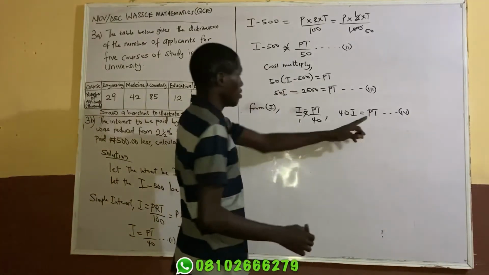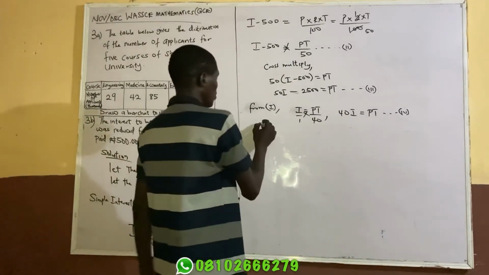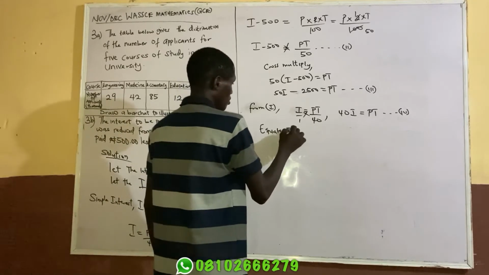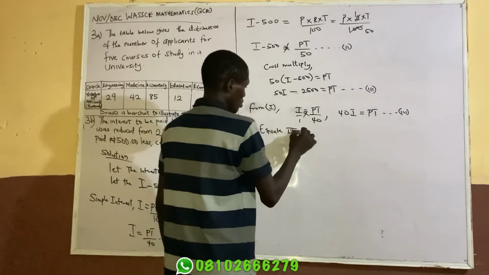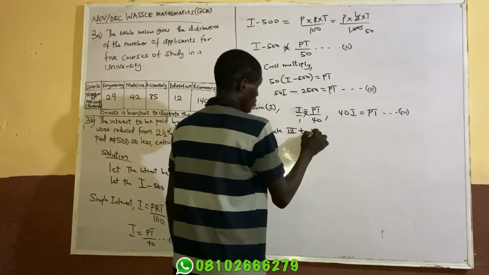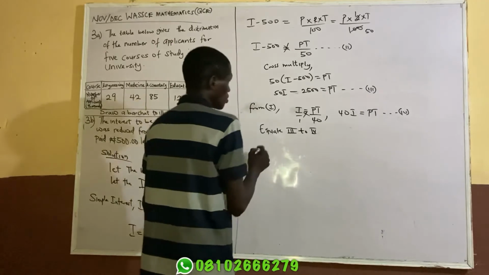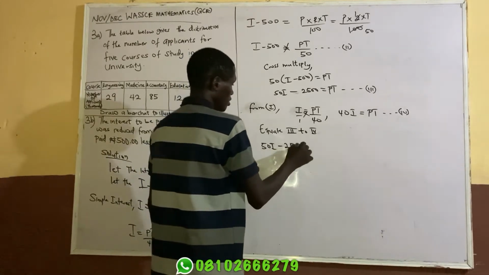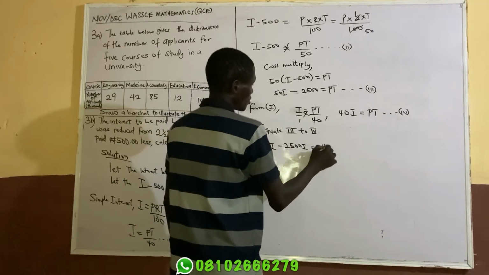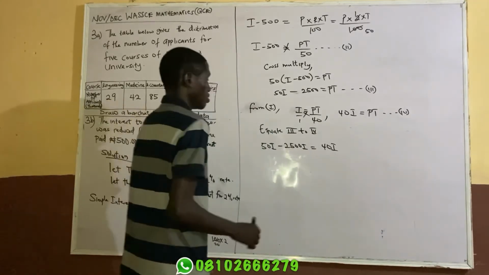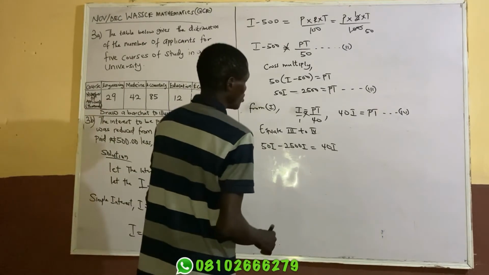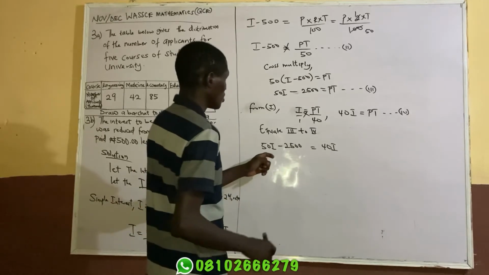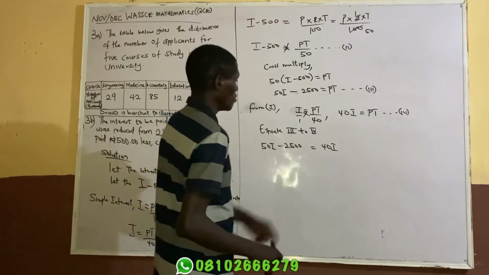Now, since we have PT, you can equate equation 3 to equation 4. So we have 50I minus 2500 equal to 40I.